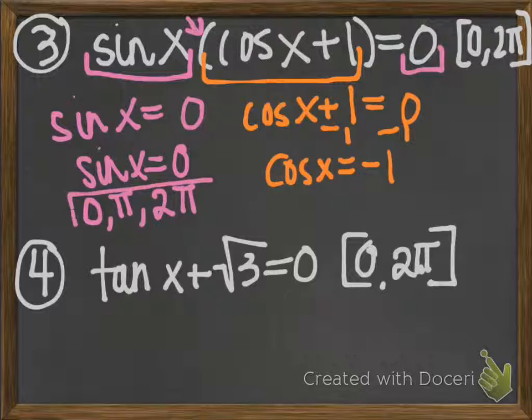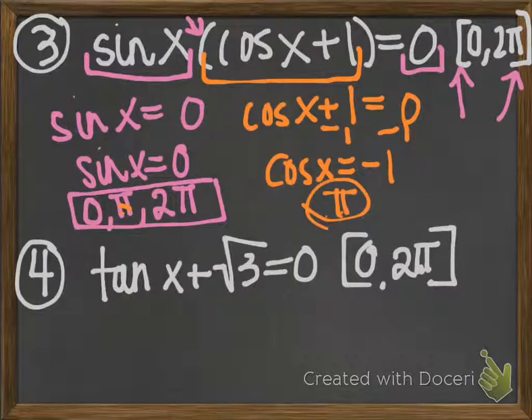So 3 possible answers for that, because these brackets include 0 and 2 pi, right? And then cosine x equals negative 1. Where is the cosine negative 1? Well, that also happens at pi. Because that's a repeated answer, we don't have to list it twice. So we could just list one of our pi's, and those are your 3 solutions for that one.